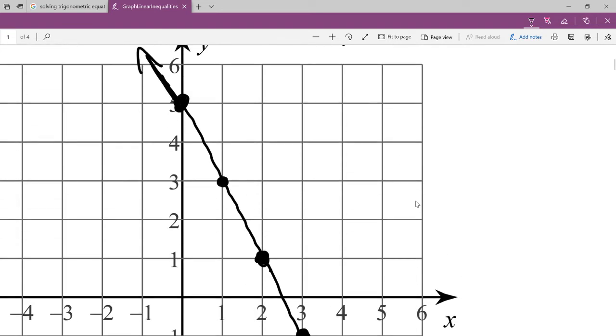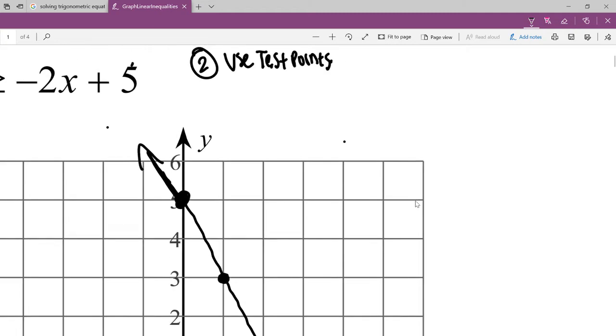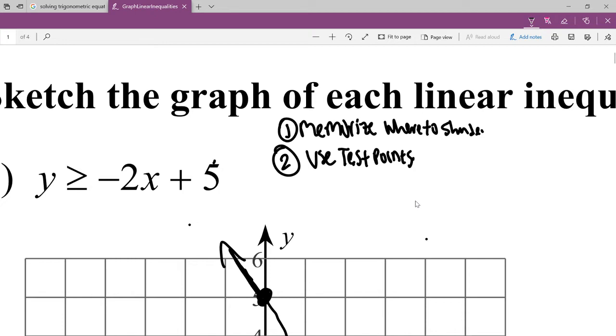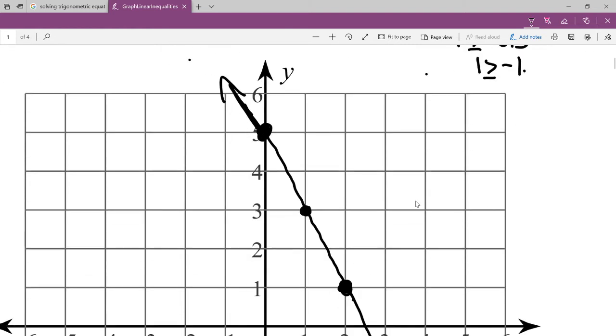So for example, let me use 3, 1. So I say 1, is that greater than or equal to negative 2 times 3 plus 5? And the answer is yes, it is.